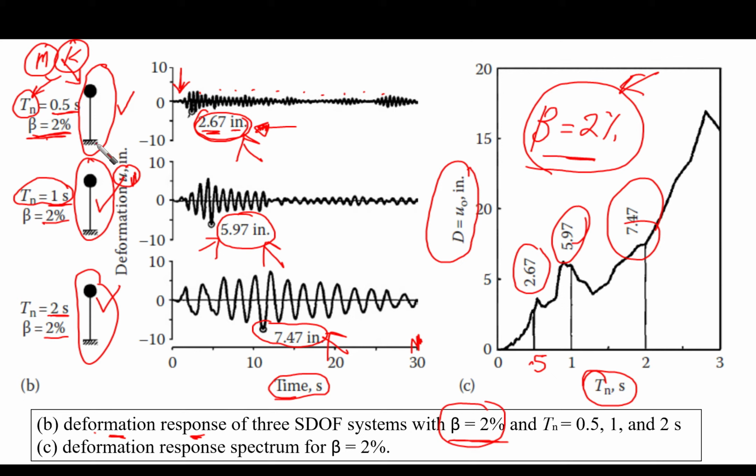Why? Because we used in our analysis the damping ratio of 2%. If you remember, this is in the differential equation. It was always given as an input parameter for the differential equation. In this case, we have drawn the deformation response spectrum for damping ratio 2%, as we said.